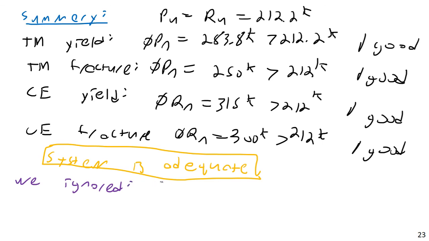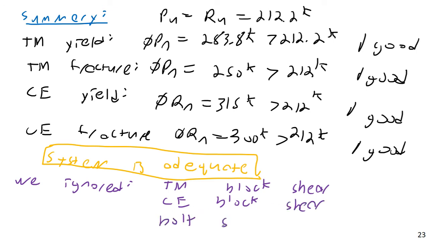We ignored tension member block shear, connecting element block shear, and bolt strength. We'll learn about block shear this week, and bolt strength we'll learn about later in the term.